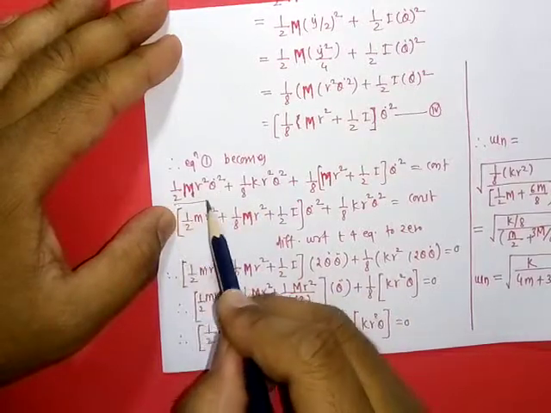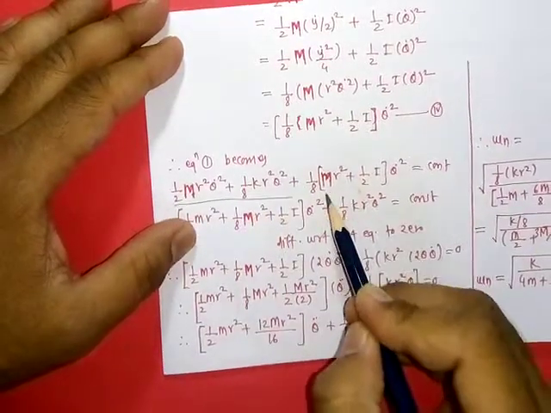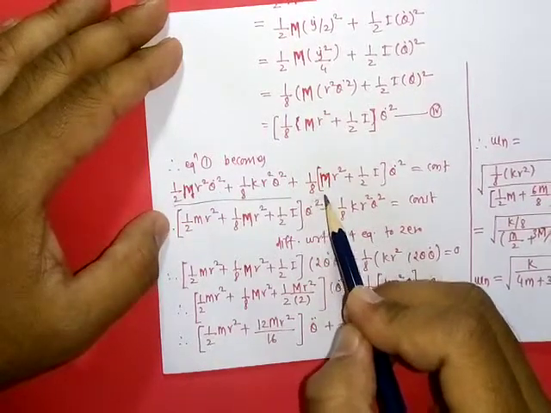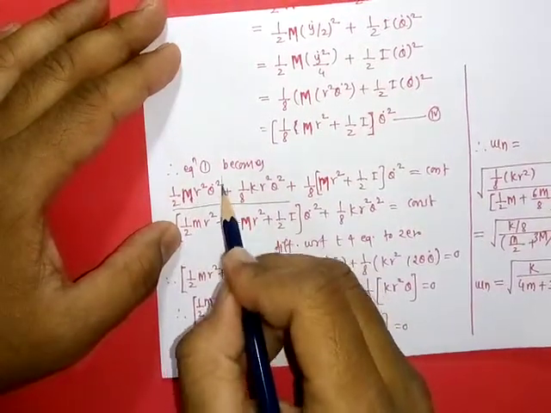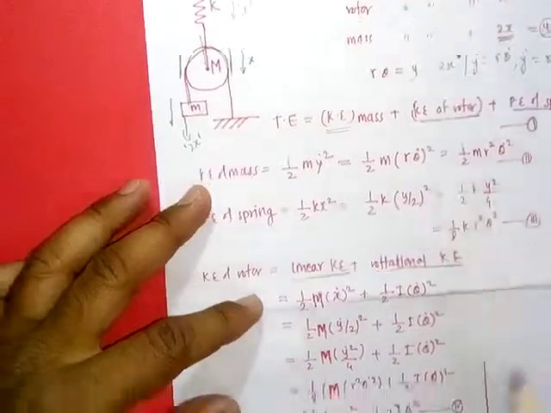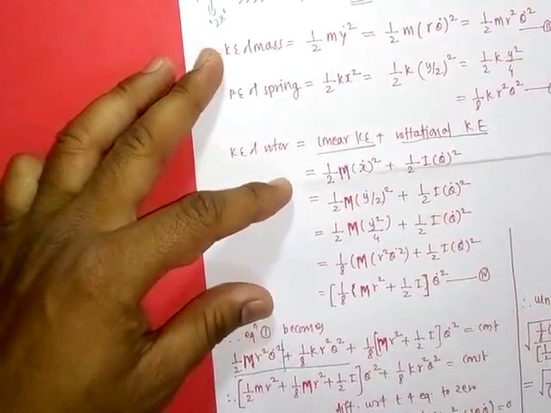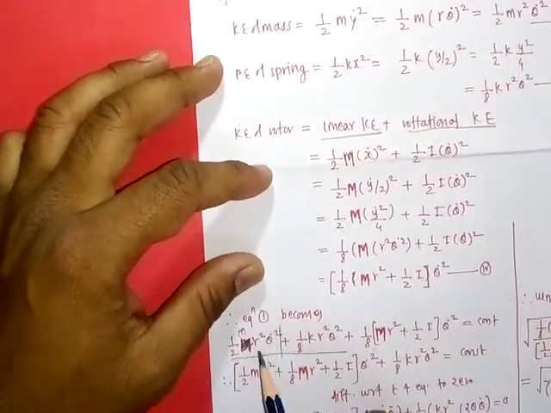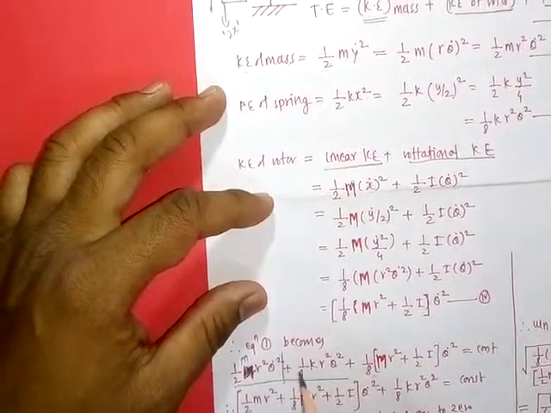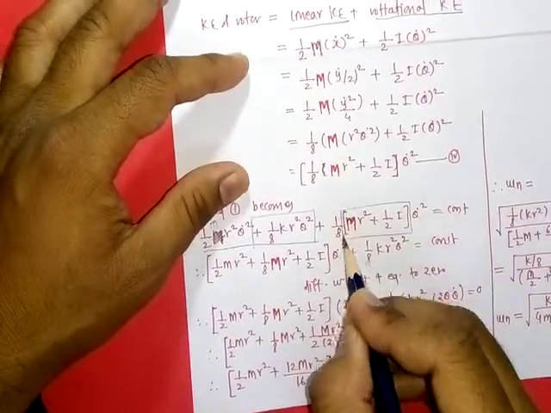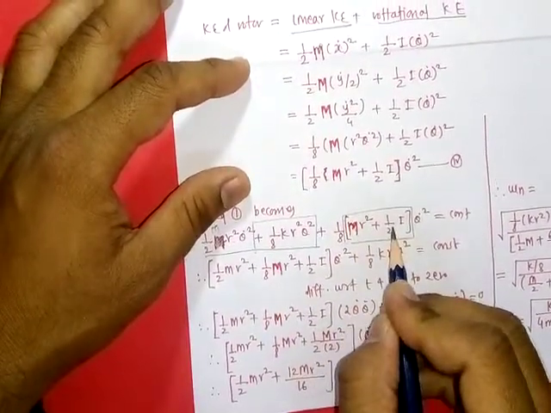This is for our small mass, this is for our spring, and this is for our rotor, linear and angular kinetic energy.